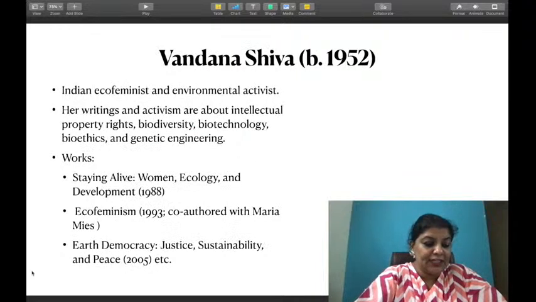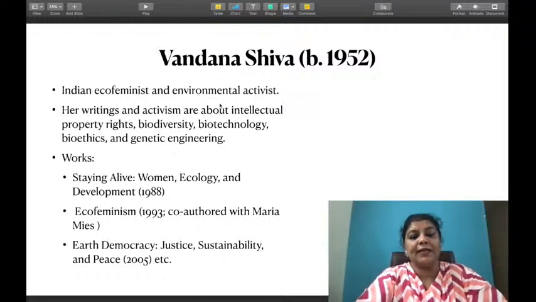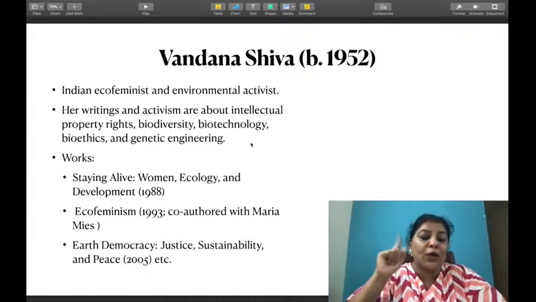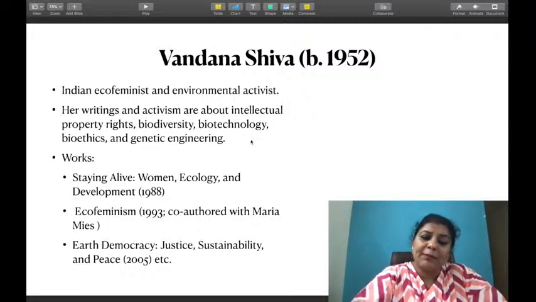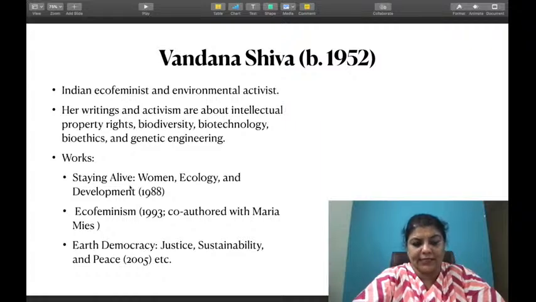Then there is Vandana Shiva, an Indian eco-feminist and environmental activist. Eco-feminism she started. Her writings and activism are about intellectual property rights, biodiversity, biotechnology, bioethics. Some of you can do research in all these areas.